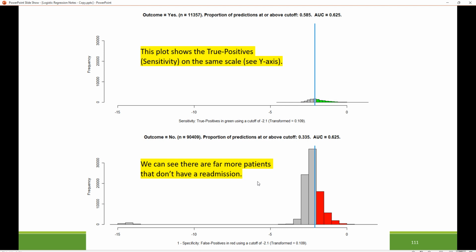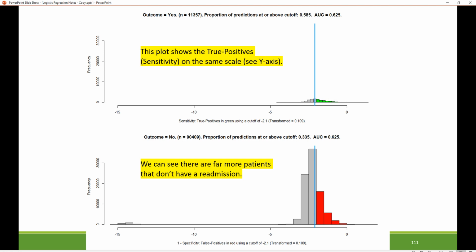We can see there are far more patients that don't have a readmission. So this big proportion that are true negatives can give us a good way to improve uses of our resources.